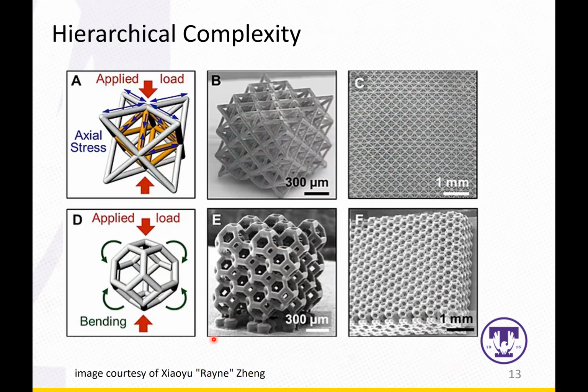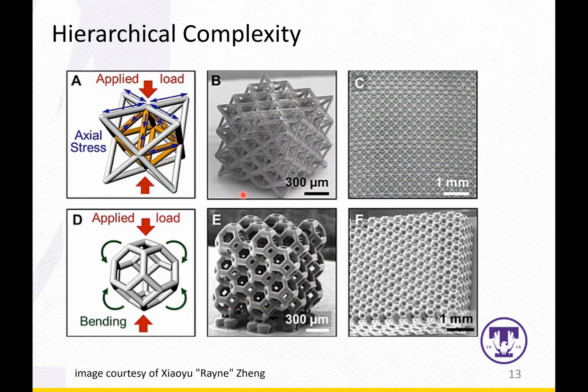And the complexity could be hierarchical. I found this figure from a researcher, an assistant professor from Virginia Tech, Ryan Zheng. His major contribution is to develop a new method to generate functional materials using hierarchical structures.